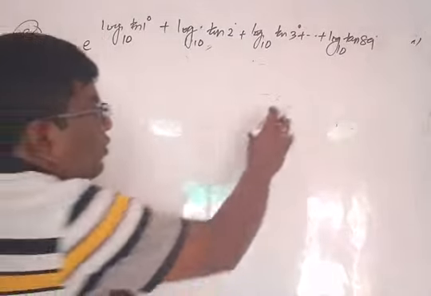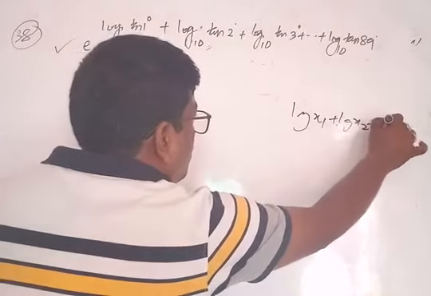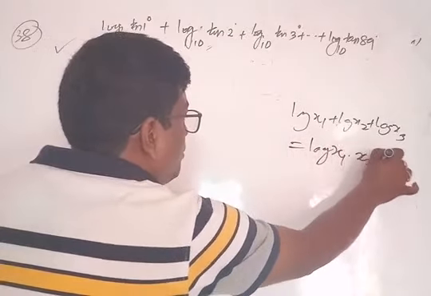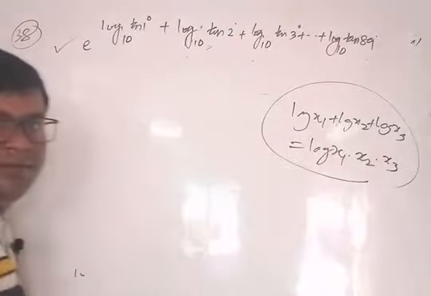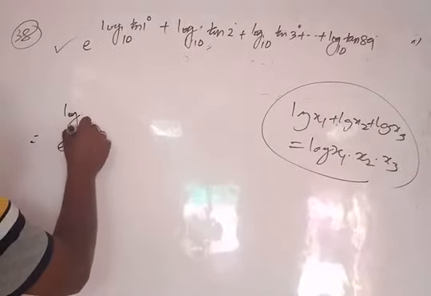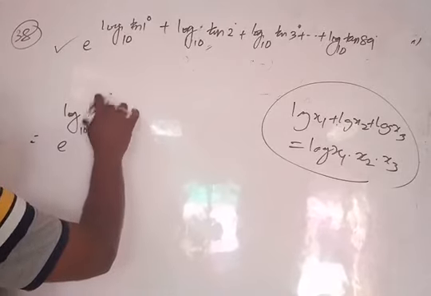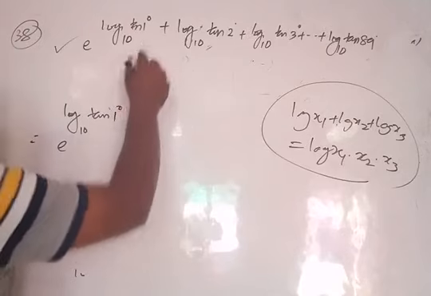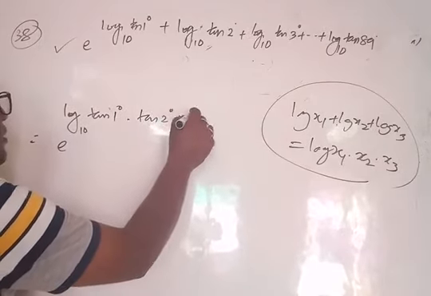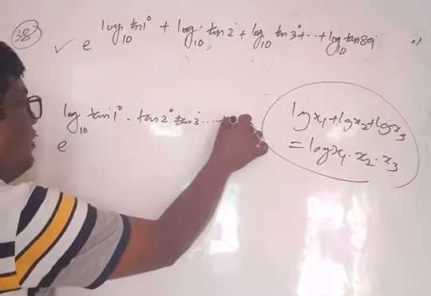We know log x1 plus log x2 plus log x3. What is the formula? Log of x1 into x2 into x3. Apply this formula. So this is equal to e to the power log base 10 of tan 1 degree into tan 2 degree into tan 3 degree, up to tan 89 degree.